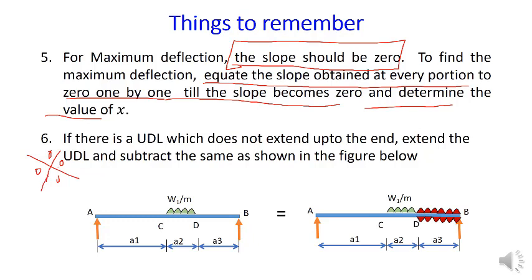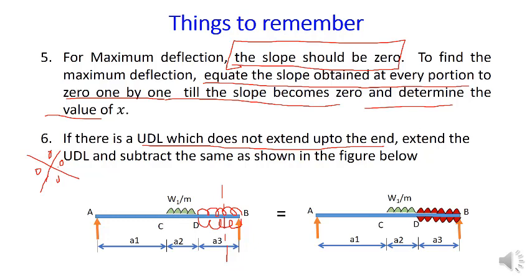Very important point. If there is a UDL which does not extend up to the end, suppose consider a beam AB. So when I draw the section, and if the UDL is in the portion CD, you need to extend this UDL by adding the portion CD and subtracting the portion DB.